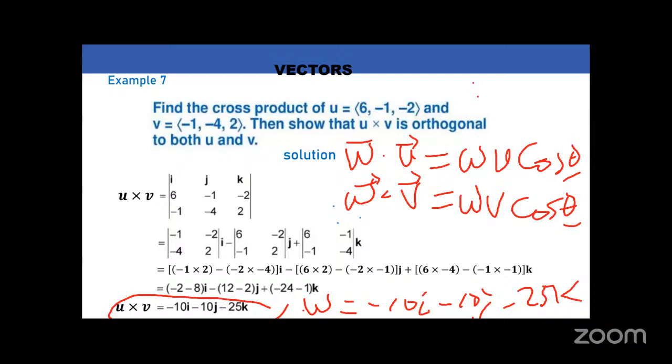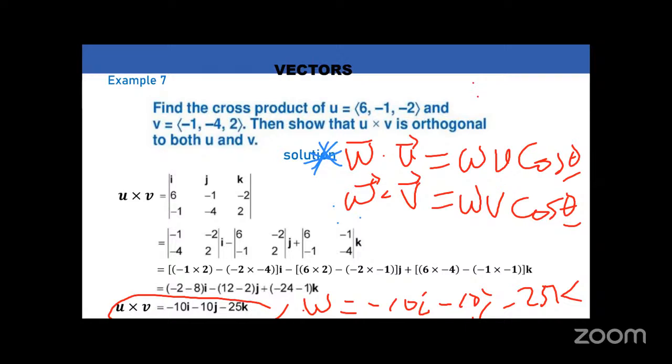Now, what will be W? Let's take this first one. Let's take it one after the other. So W dot U simply means you multiply W component and U component.